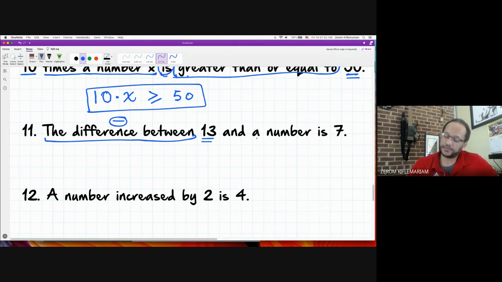We have the first number, and another number. The word and is right there. The equal sign should take place where the word is is. So it would be: the difference between 13 and a number x is equal to 7.